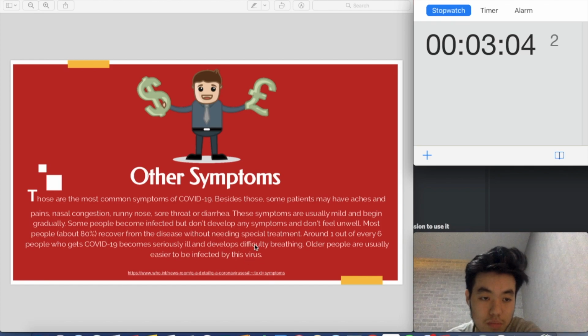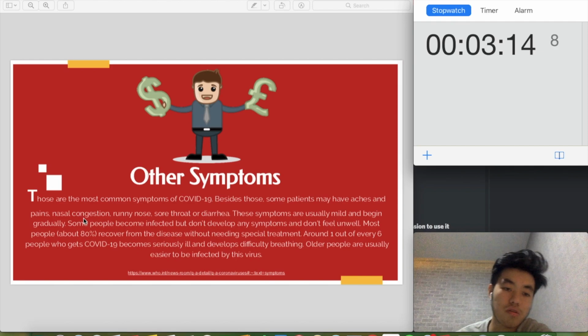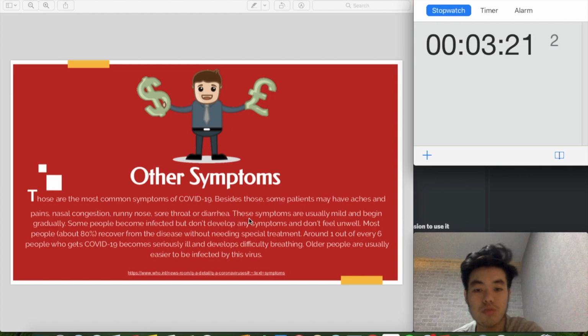So besides that, there are other symptoms of corona. Those are the most common symptoms of COVID-19. Besides those, some patients may have aches and pains, nasal congestion, runny nose, sore throat, or diarrhea. These symptoms are usually mild and begin gradually.